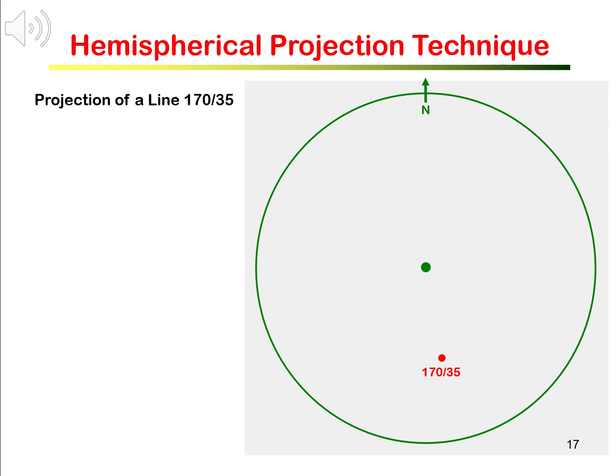The 35-degree plunge angle will suggest the mark is closer to the circumference instead of the center. By doing that, you should have already imagined the projection of the line in your mind, and you should always compare your imagined projection in your mind to the drawing that you get from the paper. They should match. If not, you may have to think again or look at the drawing again.